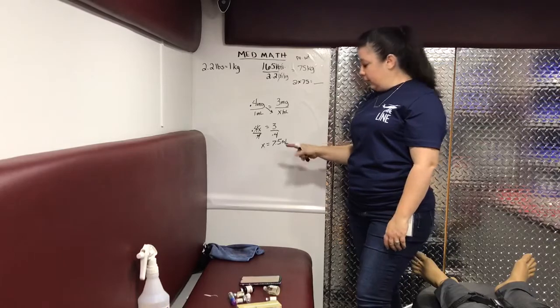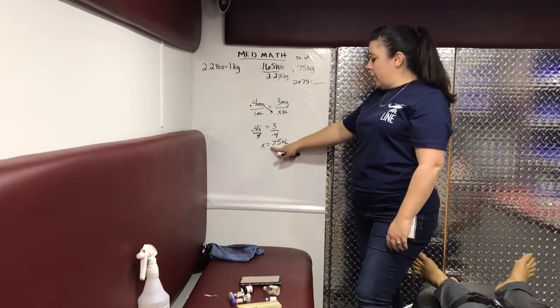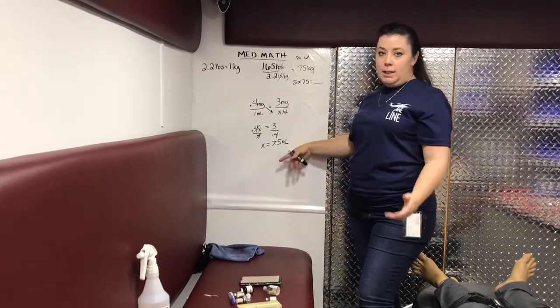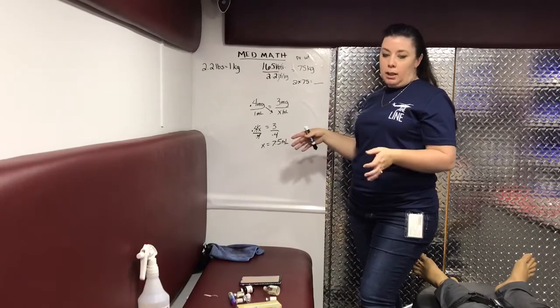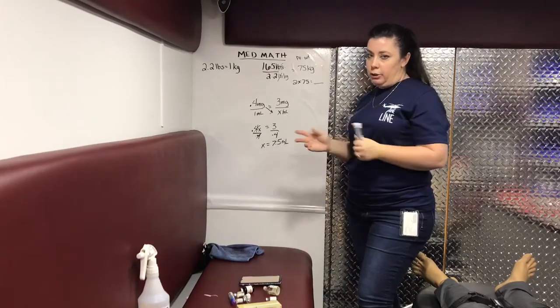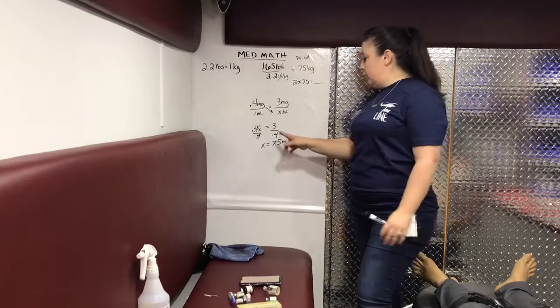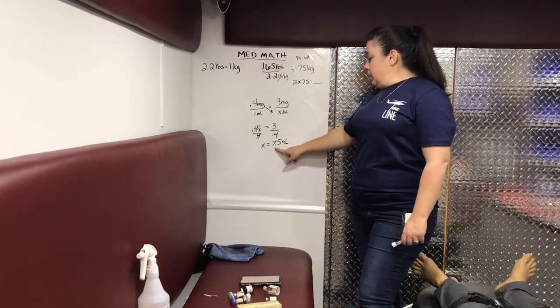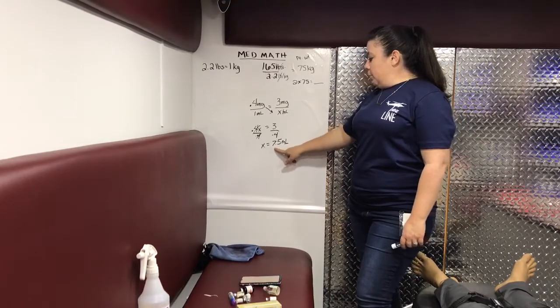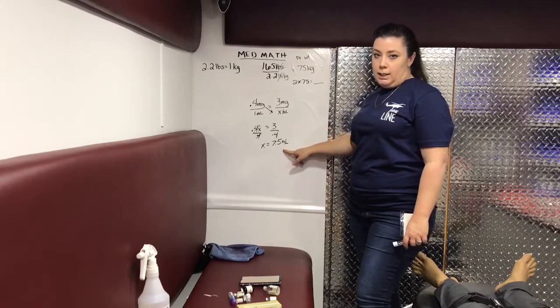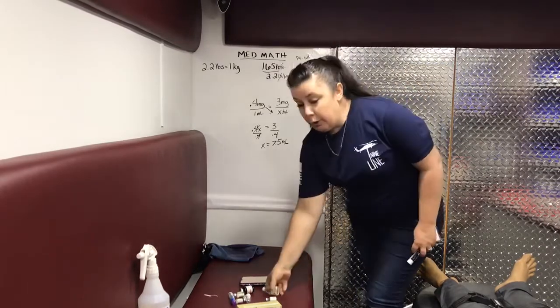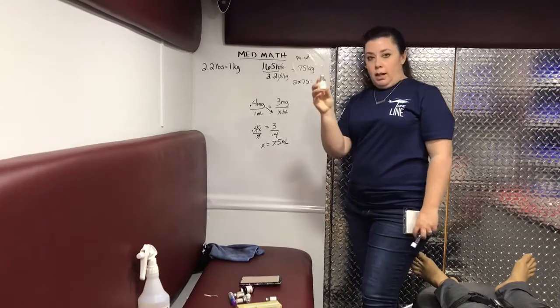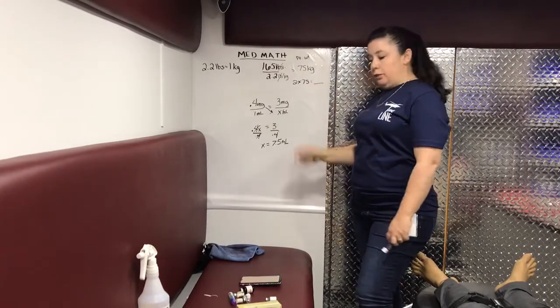Probably a 10 cc. And then I'm going to draw up 7.5 cc's. cc's and ml are the same thing, so I tend to use them interchangeably, so hopefully it doesn't confuse you. So we need a 10 cc syringe. We're going to draw up 7.5 cc's or milliliters of atropine from this vial. And then that is our dose for our patient.